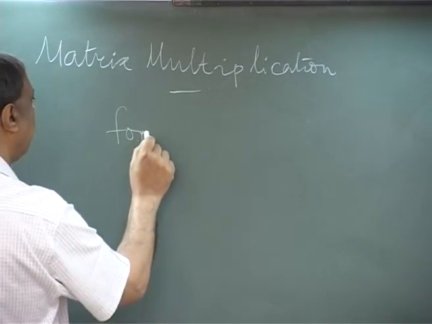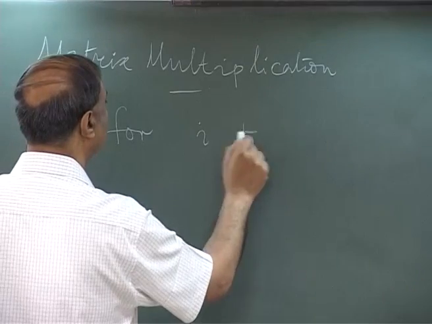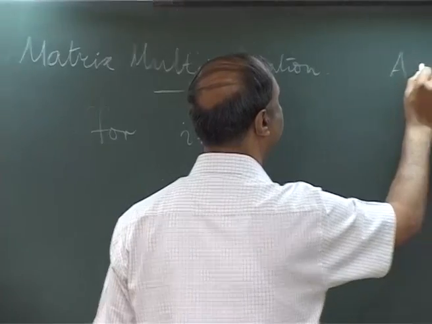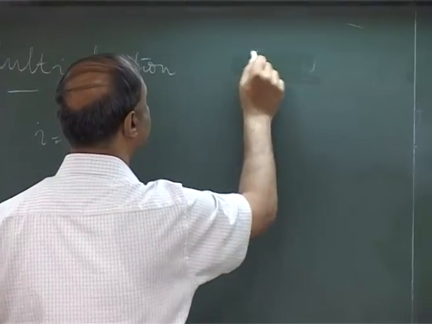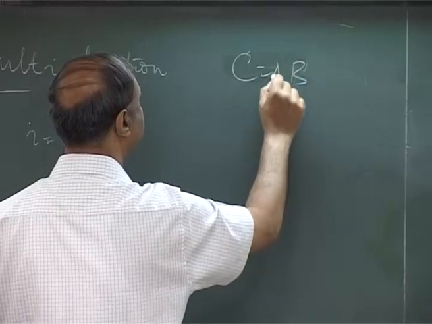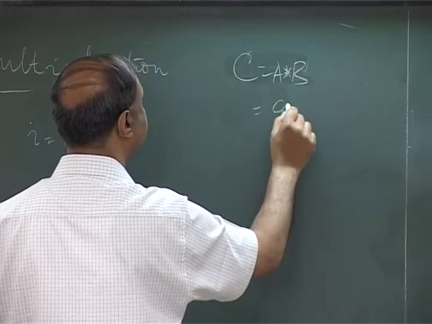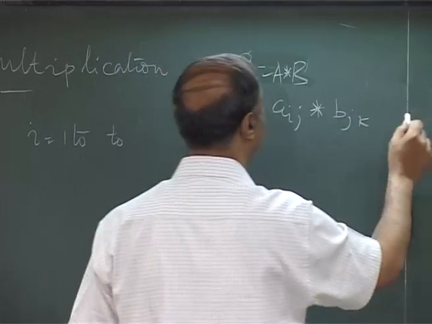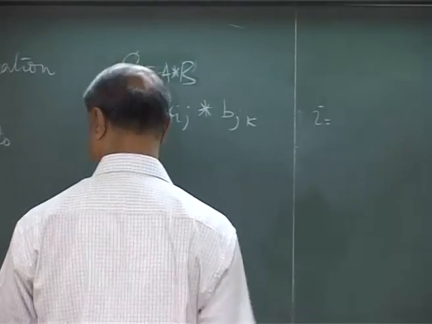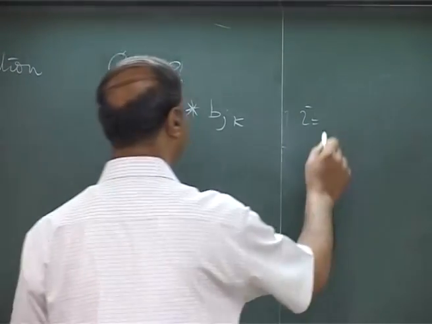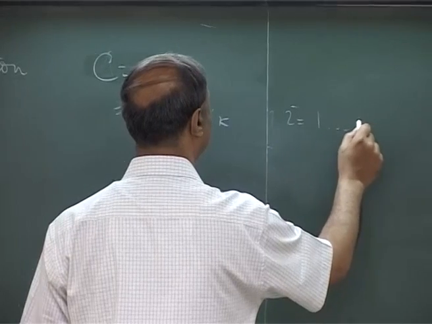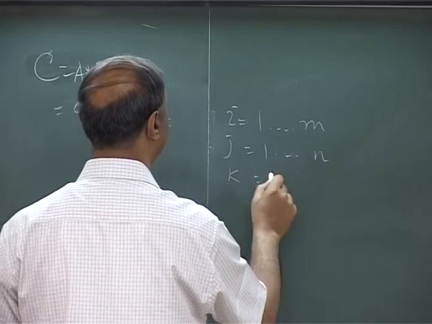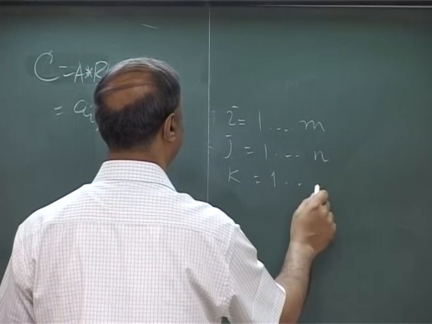We have C equals A star B, where Cik is the sum of Aij star Bjk, with i from 1 to m, j from 1 to n, and k from 1 to l.